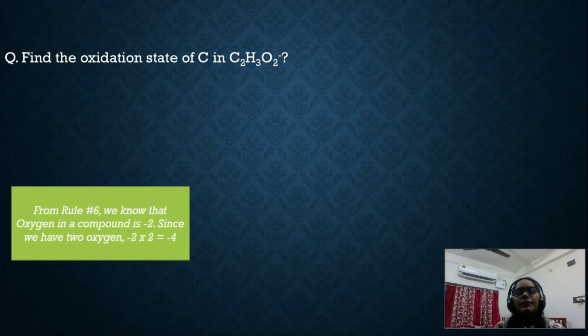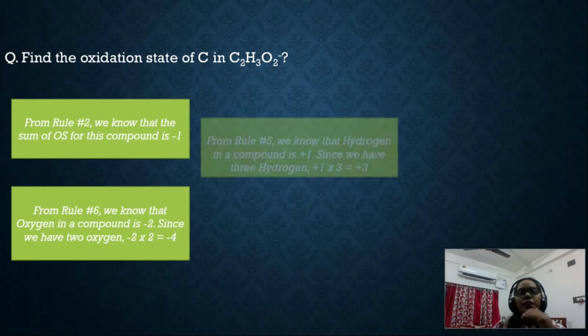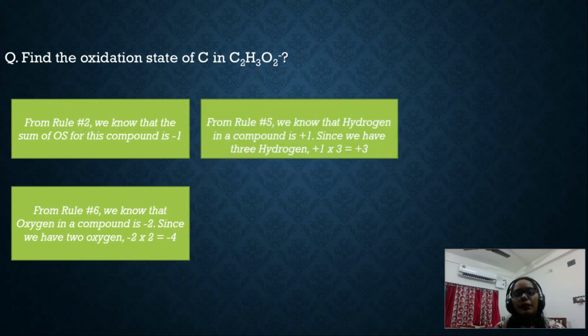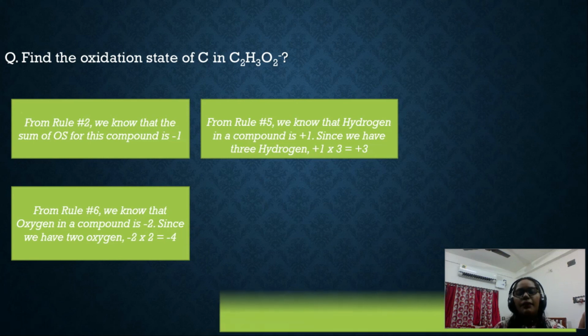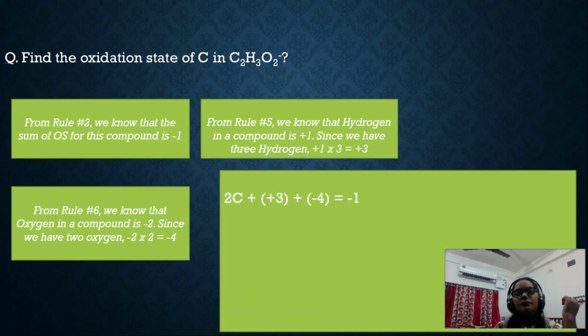Next, find out the oxidation state of carbon in this compound. So here we have to follow rule number 2, rule number 5 and rule number 6. So 2 carbon atoms we have. Look here, 2 carbon atoms.